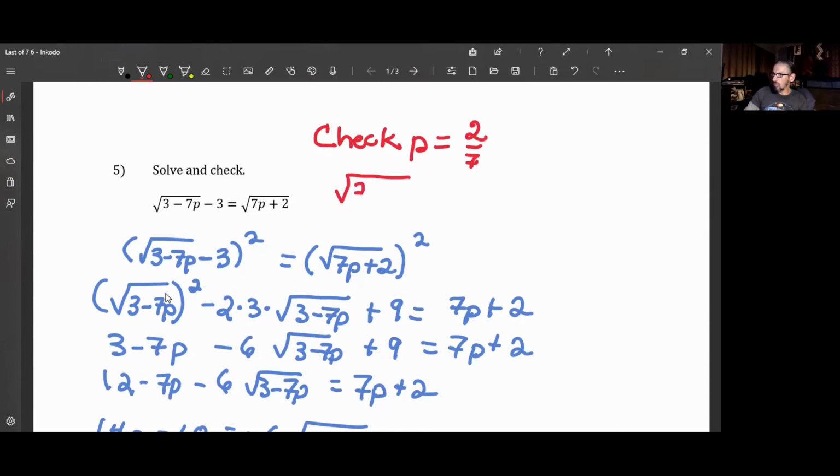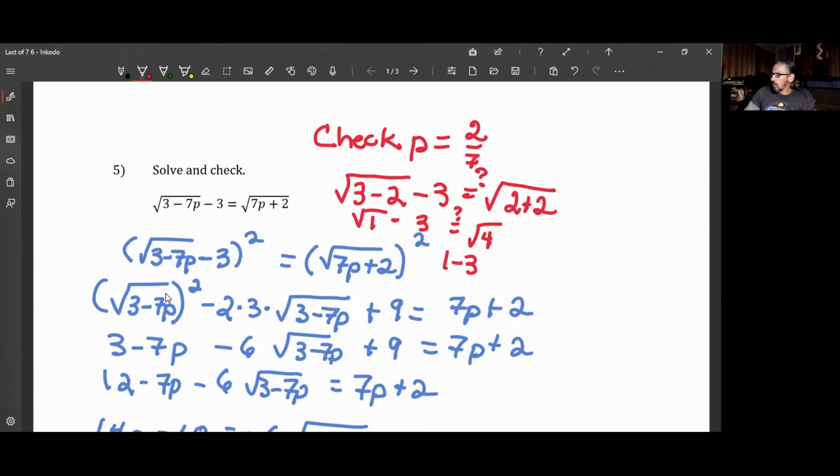So we'd have 3 minus 2 under a square root minus 3. We want to know if that is equal to, same deal over here, 7 times 2/7 is 2 again. So under a square root, 2 plus 2. It's going to give us the square root of 1 minus 3. We want to see if that's equal to the square root of 4.